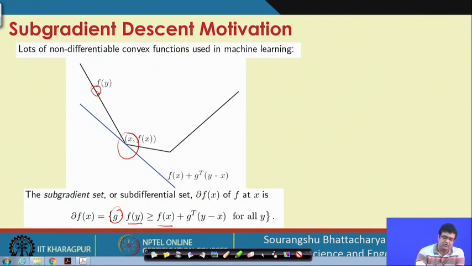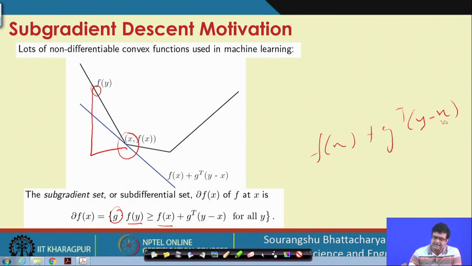So, f of x plus g transpose (y minus x) is the linear extrapolation or approximation of this function f from this point.